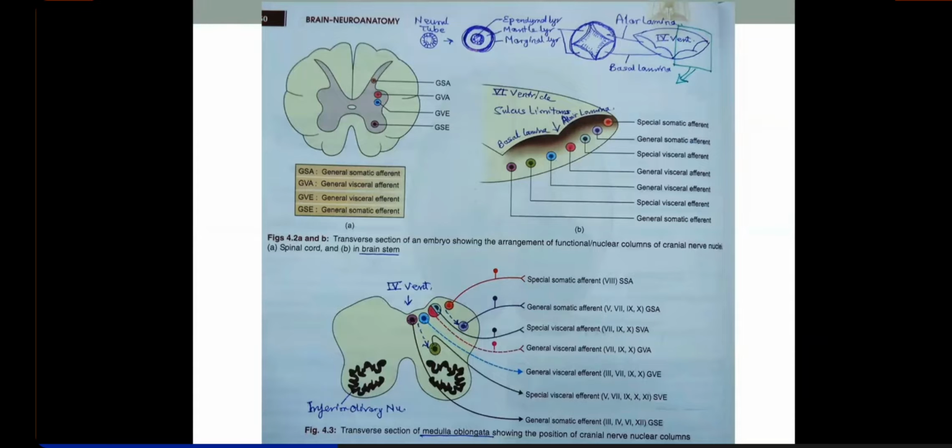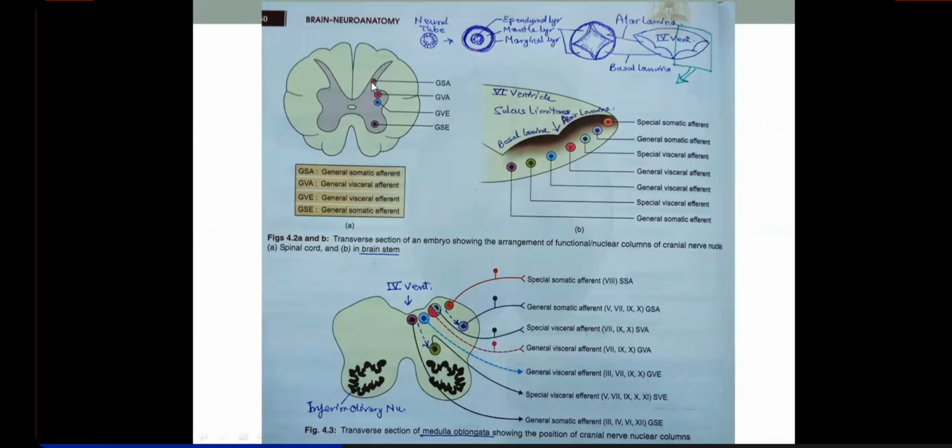Now we will talk about how these functional columns are arranged, the nuclei of cranial nerves. Before that, just a revision of the functional columns of the spinal cord. This gray matter surrounds the central canal, which is a butterfly shaped thing.